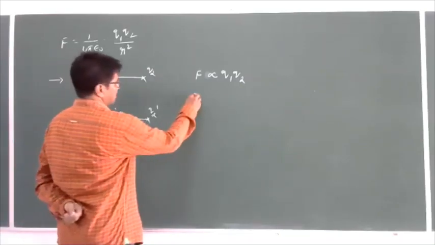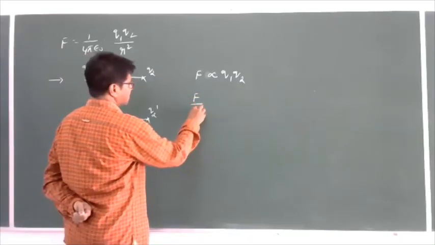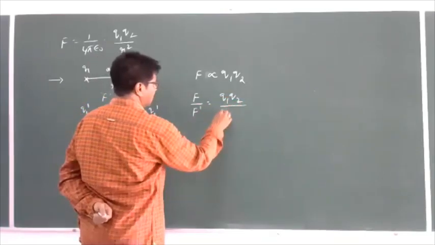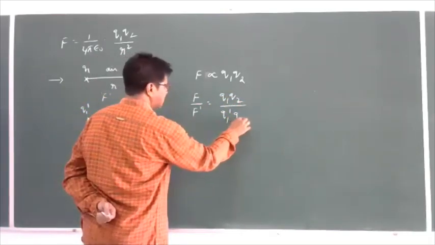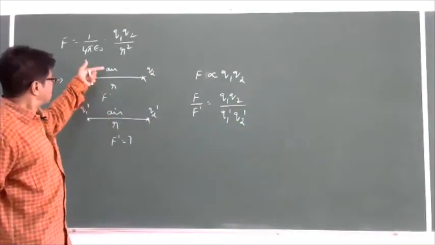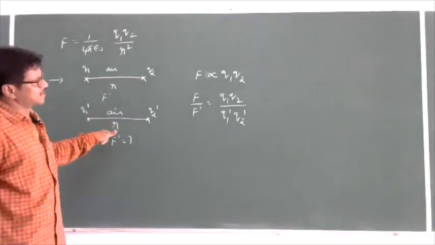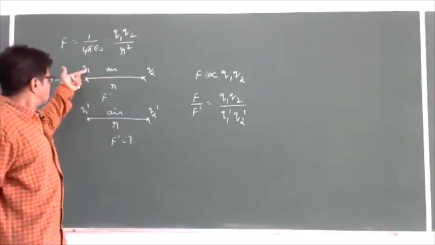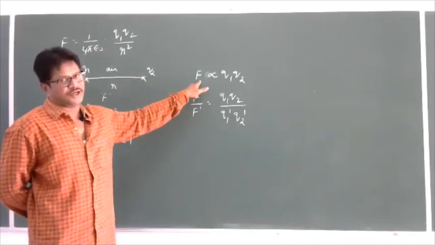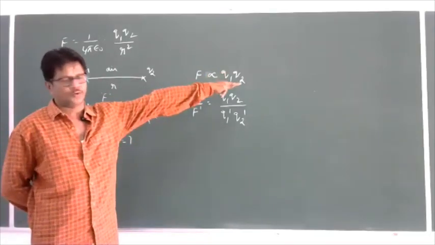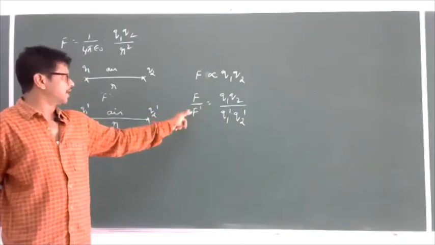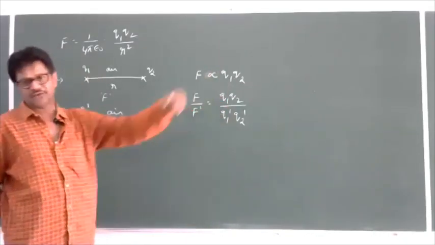So based on that, I will write F by F dash is equal to Q1 Q2 by Q1 dash Q2 dash. Whenever the medium and the distances are the same, to make the problem simpler, we'll go with this condition. F is directly proportional to Q1 Q2. Based on this, we can get the value of F dash by knowing F and the remaining values.